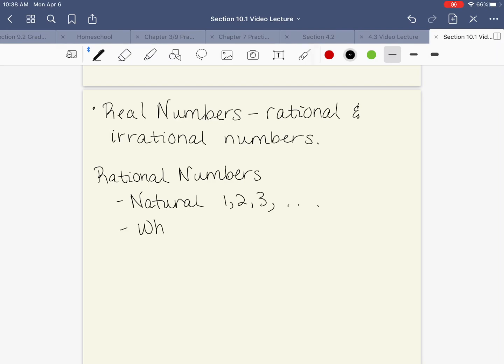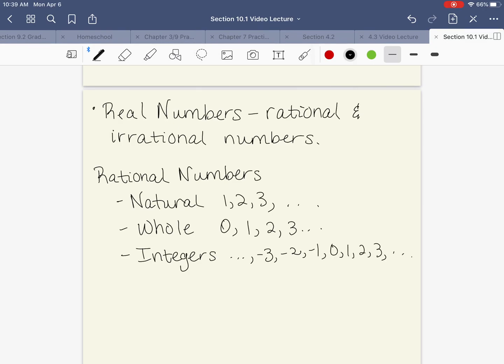Whole numbers, which would just include 0, 1, 2, 3, so on and so forth. Integers, and we know integers are the negative and positive whole numbers. So -3, -2, -1, 0, 1, 2, 3, so on and so forth.